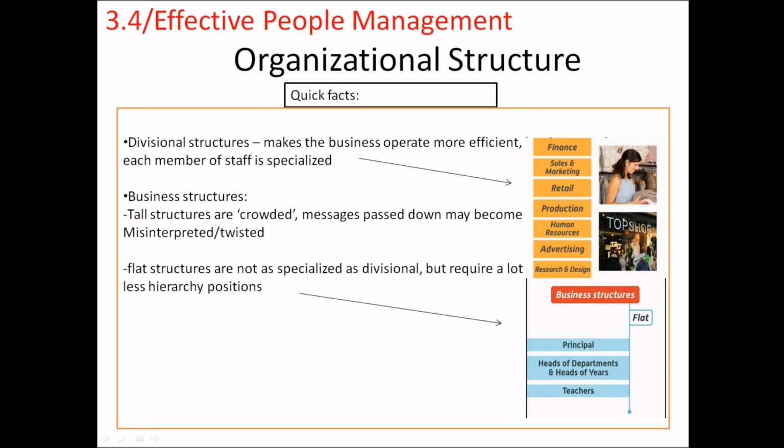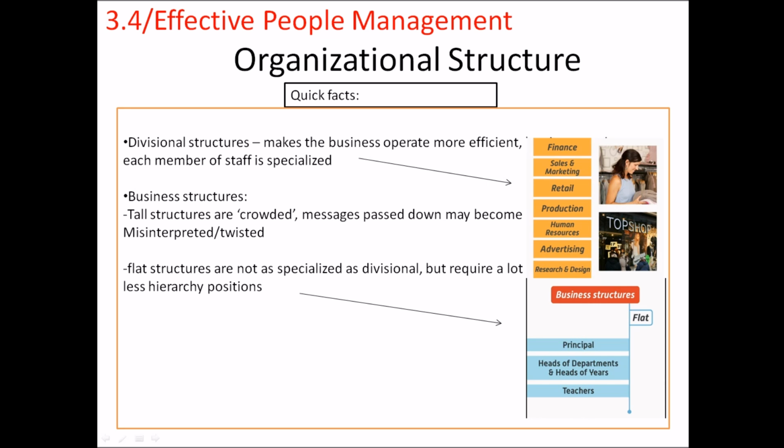3.4, and this is all about effective people management. So the first thing we need to know about is the organisational structure that a business can use. First of all, we'll look at the divisional structure, and this is basically for really top businesses, like for example, Topman or Topshop.